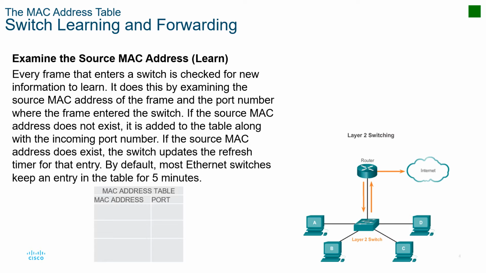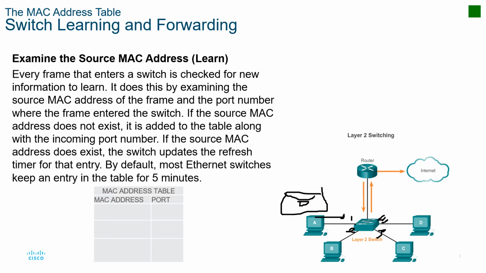So how is this MAC address table built? Let's say, for example, A is connected to port 1, B is 2, C is 3, and D is 4. So let's have that scenario here. Let's say A will send data to D. A MAC address table is built the moment that the computer sends.